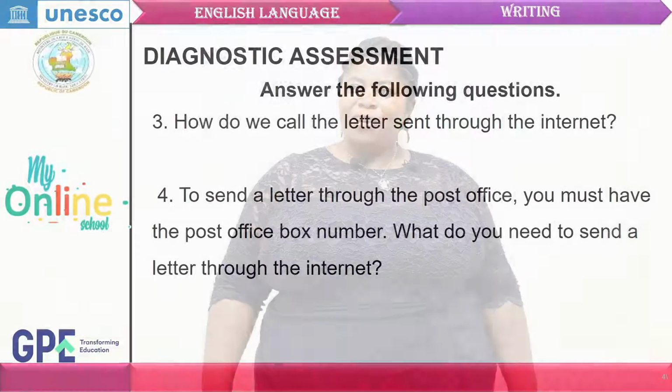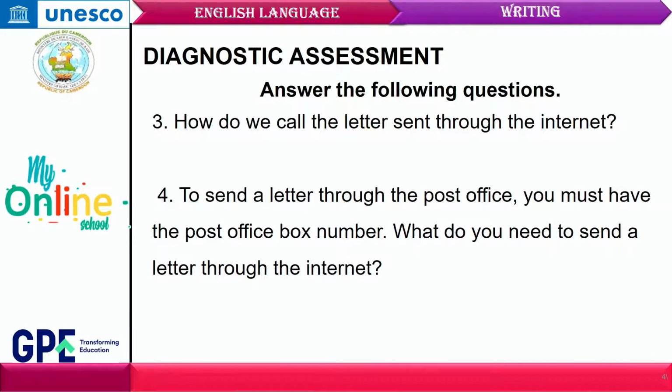Next question. How do you call the letter sent through the internet? You know, nowadays, you send letters through the internet. Now, to send a letter through the post office, you must have the post office box number. What do you need to send a letter through the internet? Good.